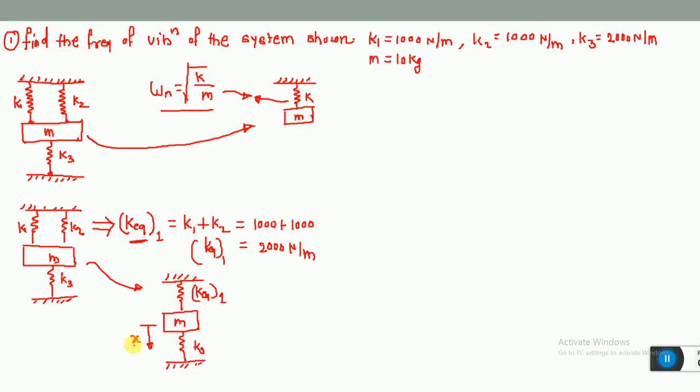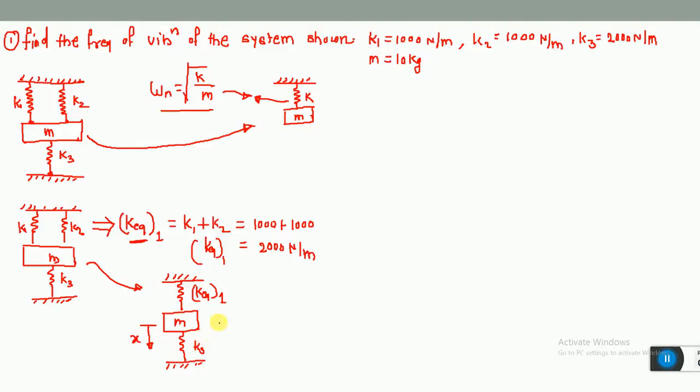Okay, so because of this displacement x, K3 will undergo compression by the amount x. At the same time this K equivalent 1 will undergo deformation by the same amount x. Okay, so as the net deformation of K equivalent and K3 is the same, therefore we can consider K equivalent and K3 connected in parallel arrangement.